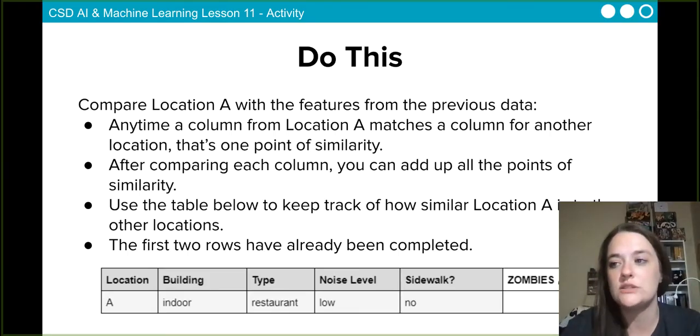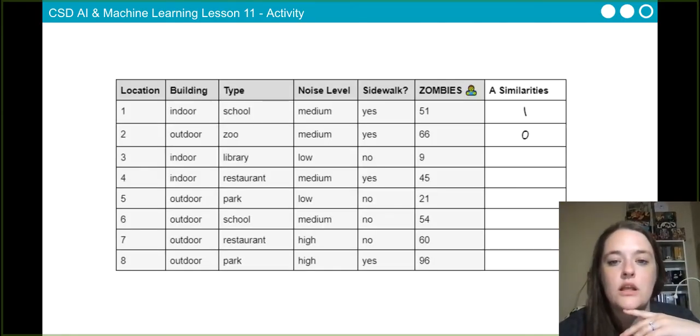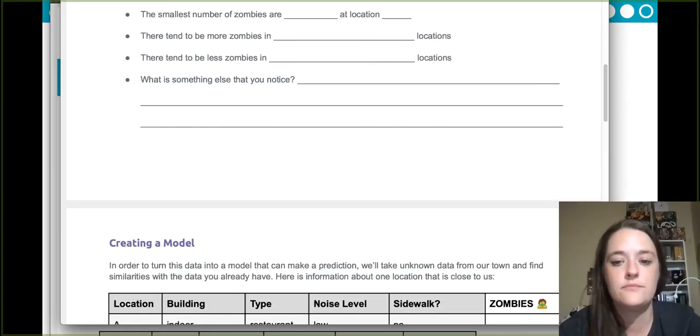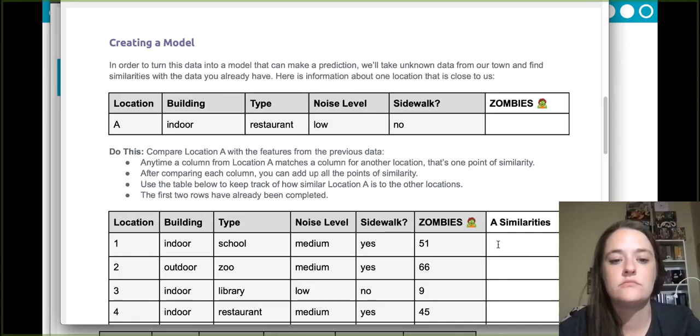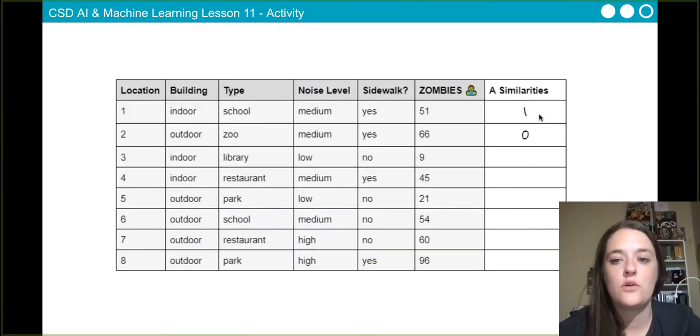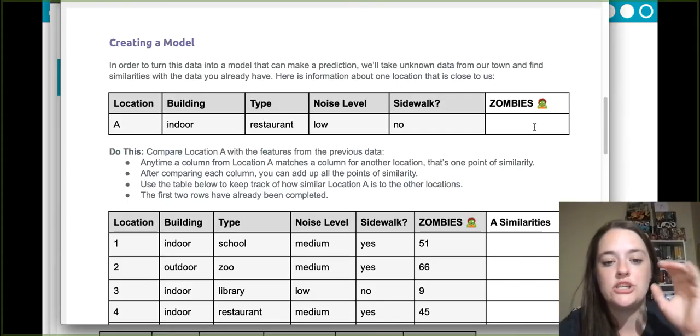The first 2 rows have already been completed. So you can see that here. Location A. You should have this on your activity guide. All right, location A. So we already know there's a similarity of 1 with location 1 and 0 with location 2.